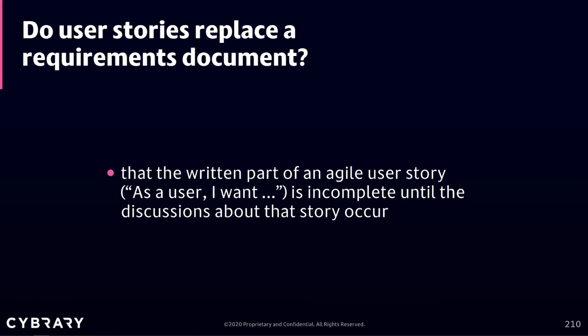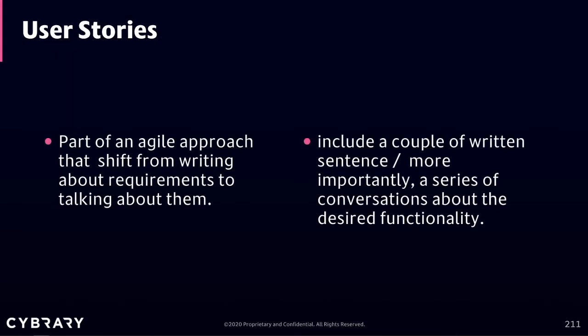The user story, composed as "as a user I want," is incomplete until the discussion about that story has occurred, and we're going to go into that a little more. User stories are part of an Agile approach that shifts from writing about the requirements to talking about them.